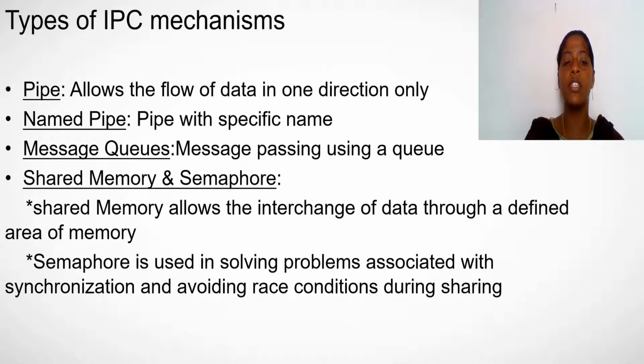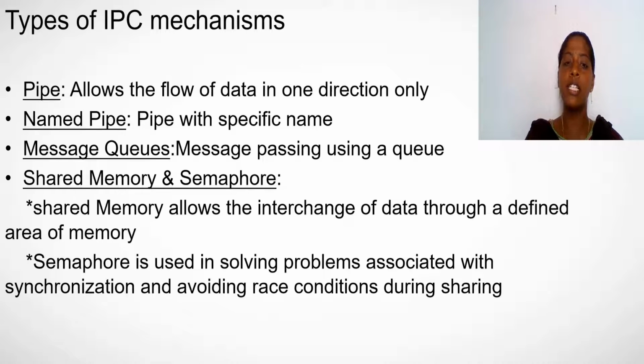Next, shared memory. Shared memory allows interchange of data through a defined area of memory. Next, semaphore. Semaphore is used to solve problems associated with synchronization and to avoid race conditions during sharing. These five are the types of mechanisms.